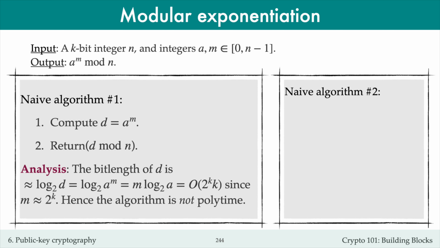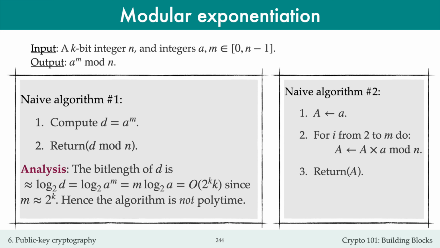Here's a second naive algorithm, which at least ensures that the numbers involved don't get too large. We'll initialize a to little a, and then repeatedly multiply a by itself modulo n. So for each multiplication, we divide the result of the product by n and take its remainder. This ensures that a never gets too large.